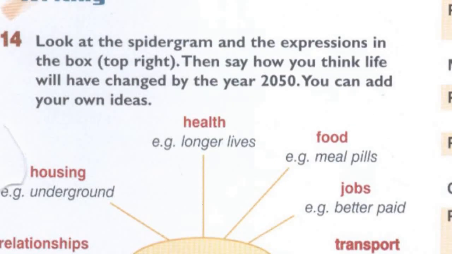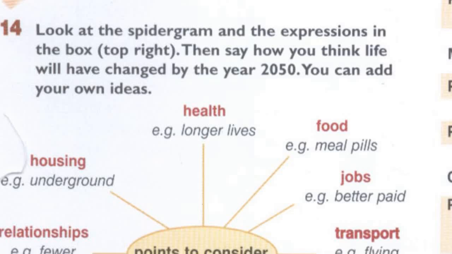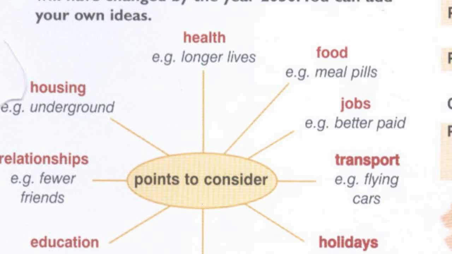Okay, look at the spidergram, and then expressions in the bubbles or the boxes. And then say how you think life will have changed by the year 2050. You can add your own ideas. Okay, let's try one or two of them.